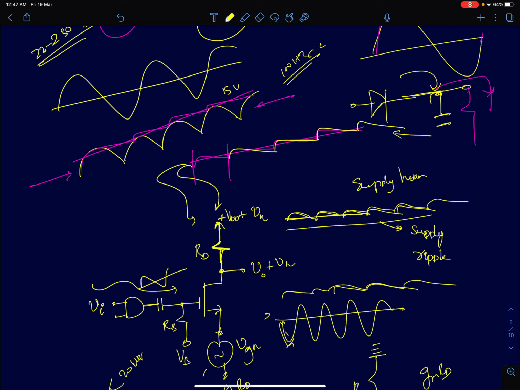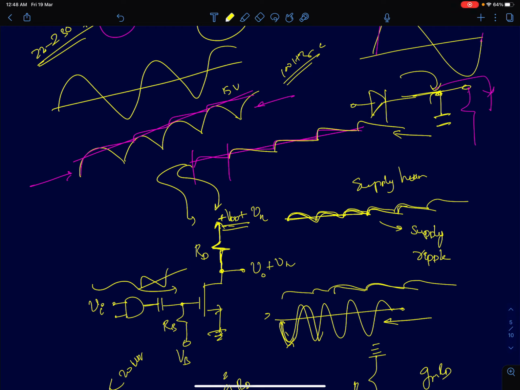Ideally, since this is a common source amplifier, I would expect the output to simply be equal to minus gm RD times the input. So that's what you would expect here, and that's what I've shown here, an amplified version of the input signal. But then you have to keep in mind here that the DC voltage here is not just a fixed value, but it also has some kind of high frequency signal riding on top of it.